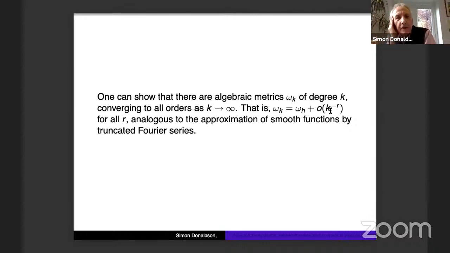The error is less than any k to the minus r as k tends to infinity for all r. So this is analogous to the fact that if you take a smooth function and look at the truncation of its Fourier series, then that approximates the function to infinite order.